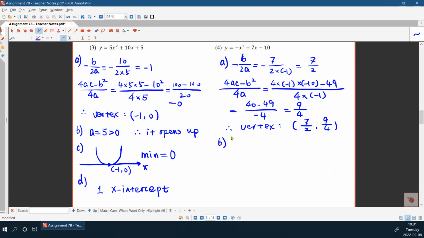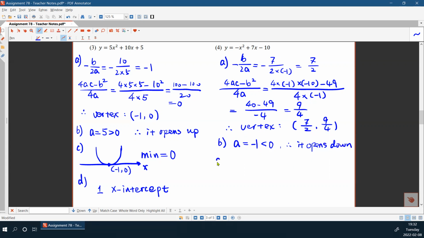Then let's check the direction of opening. That depends on the leading coefficient a, right? And apparently a is -1, which is less than 0, right? If the leading coefficient is less than 0, that means it opens down.